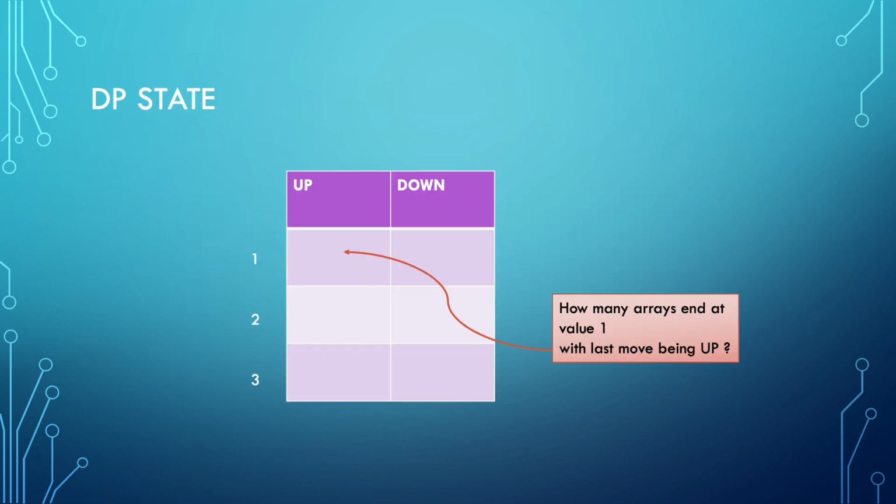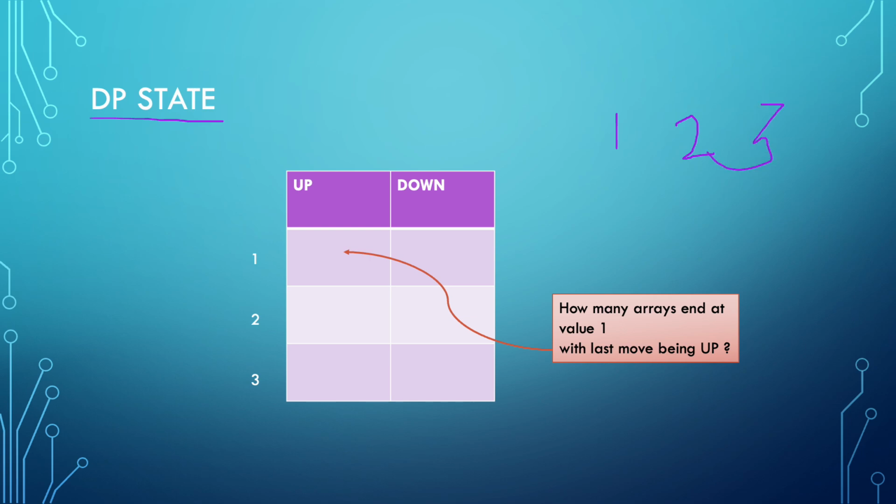So then we know that we are going to solve this using DP, since it asks how many ways or how many valid arrays are possible. So we know that this is a dynamic programming question. Now we have this 1, 2 and 3. You remember 1, 2 and 3 were the possible values.